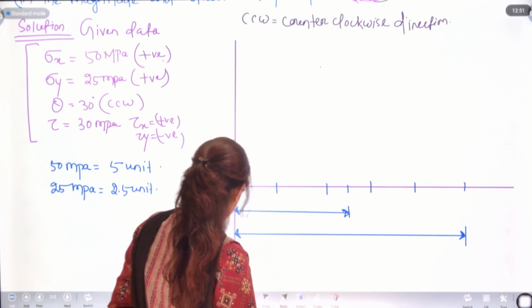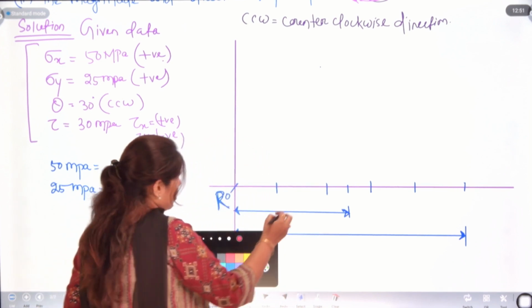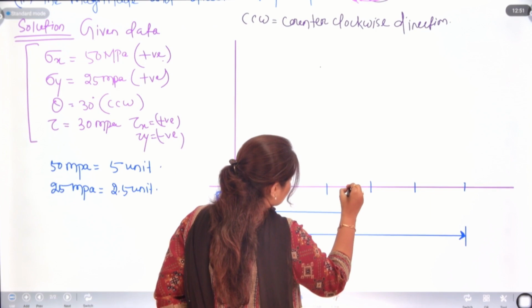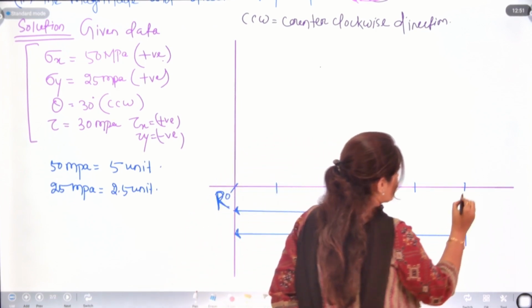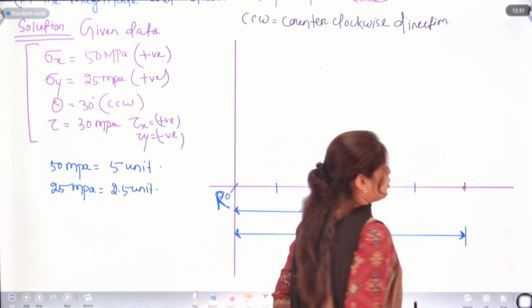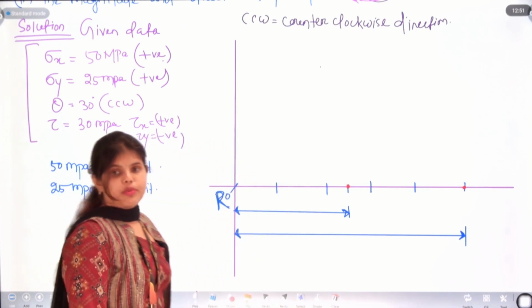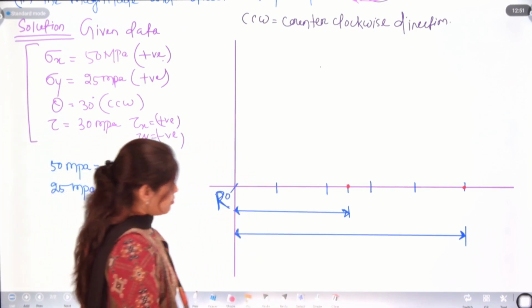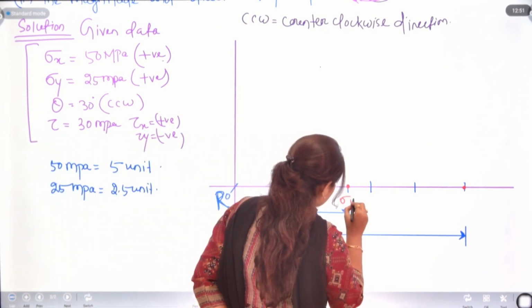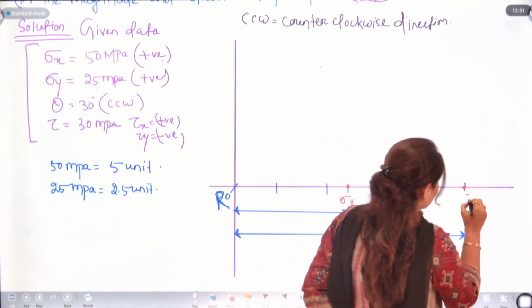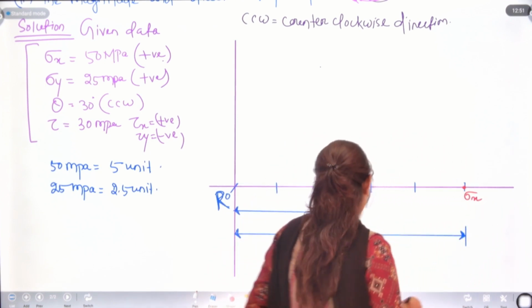So now we have the points of sigma x and sigma y. These dotted points are important for you. This point for sigma y and this point for sigma x.